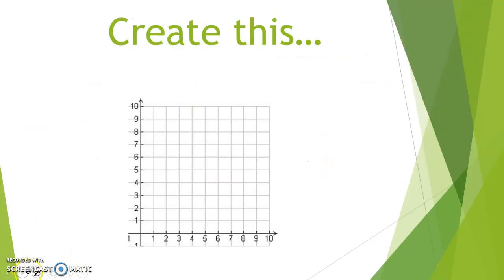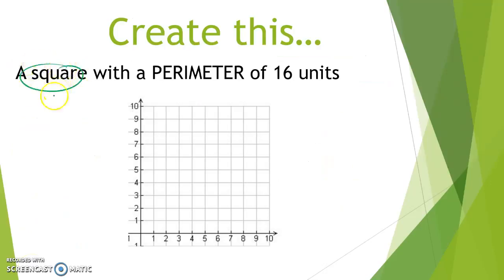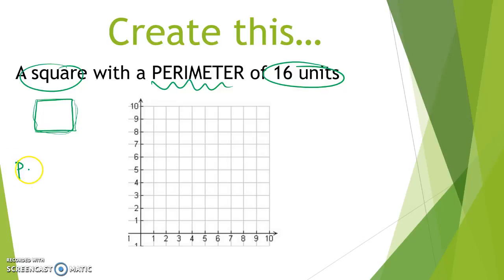Our next one's a little bit different. It asks us for a square. And we know that all side lengths of a square are the same. And we want a perimeter of 16 units. So to find the perimeter of a square, or actually any shape, the perimeter is when you add up all the side lengths. So add up the outside lengths. Here we know that a square has to be every side the same. So we know that the perimeter is a total of 16 units.